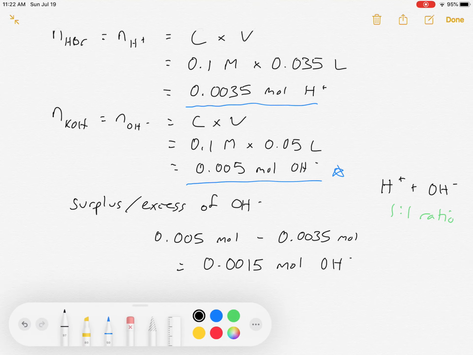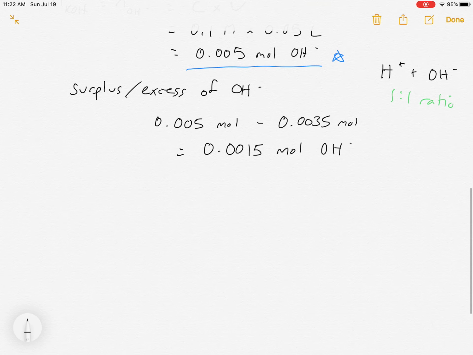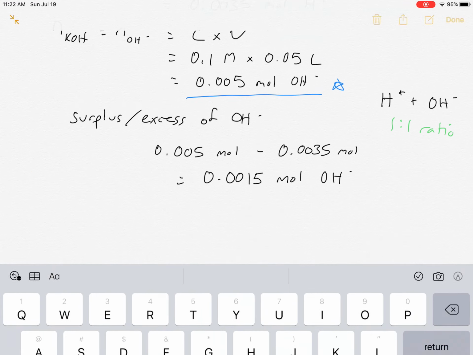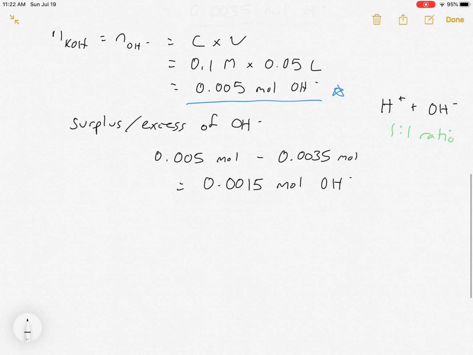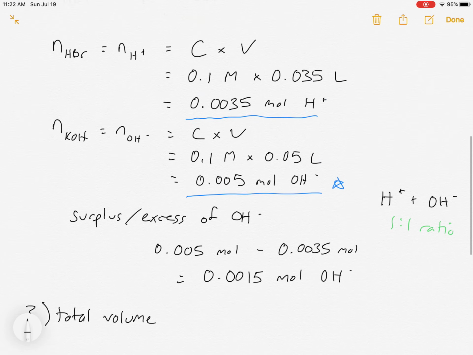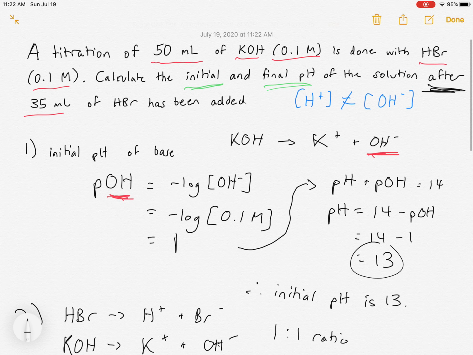So now we know what the moles of hydroxide are, but now we need to find the total volume of the solution. Again, this is more just logic and reasoning, because we know the final solution has a larger volume than the initial one, because we took 50 mils and then we added 35 mils to that.